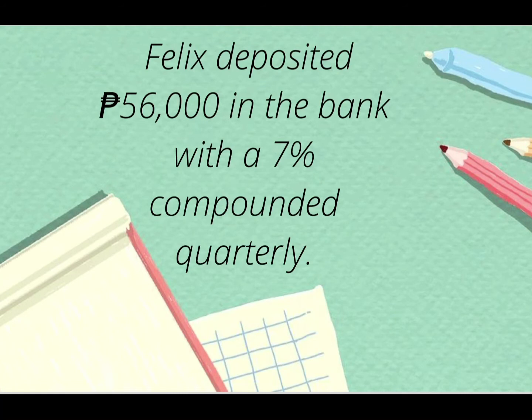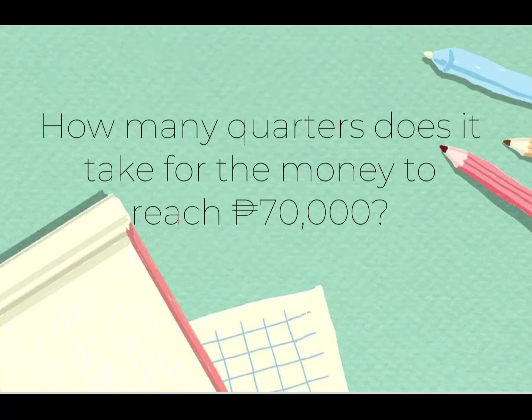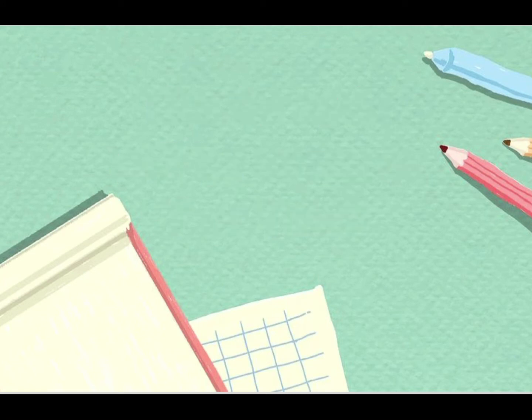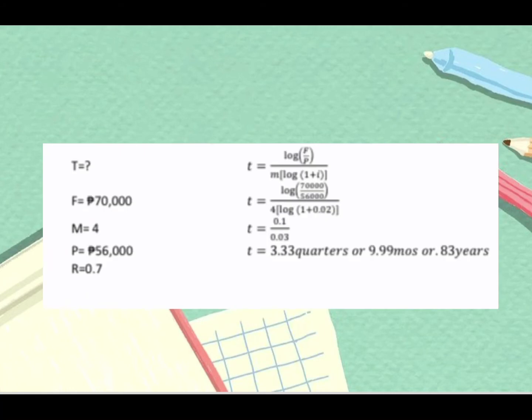Felix deposited 56,000 in the bank with a 7% compounded quarterly. How many quarters does it take for the money to reach 70,000? Ang gagamitin nating formula ay T or time. T equals I over PR.